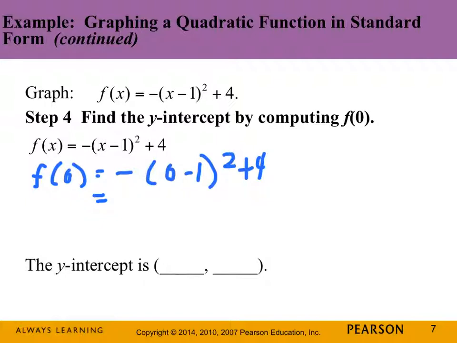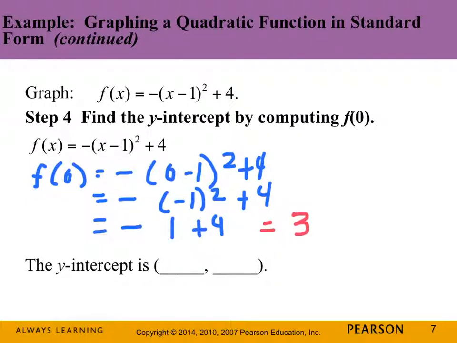So that's going to be the opposite of -1 squared plus 4. So when you square your -1, you'll get +1. So that's the opposite of our +1 plus 4. And so that turns out to be 3. So the y-intercept is (0, 3).